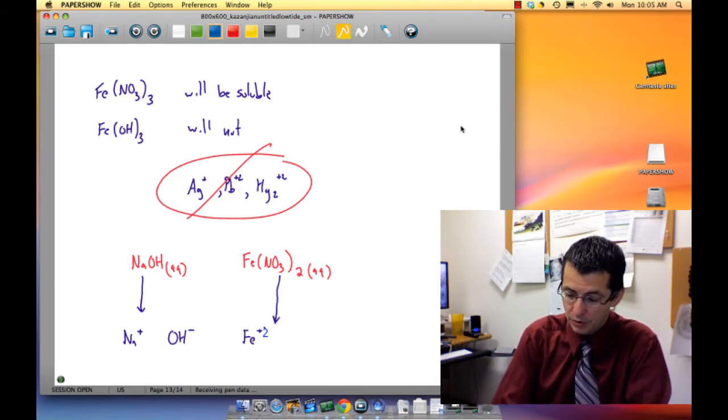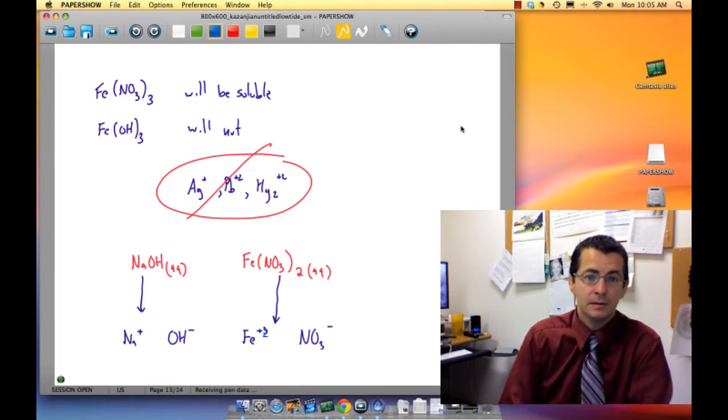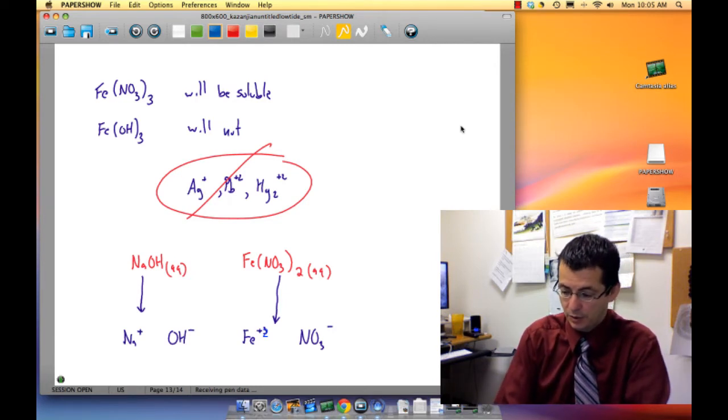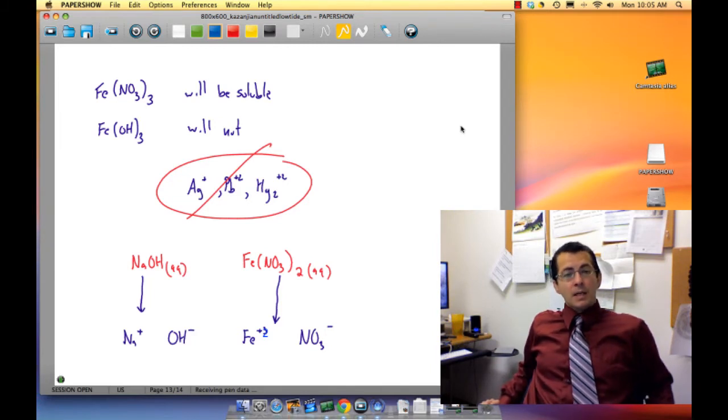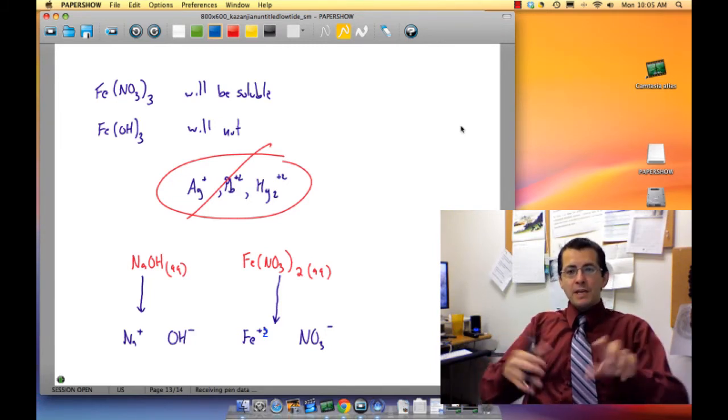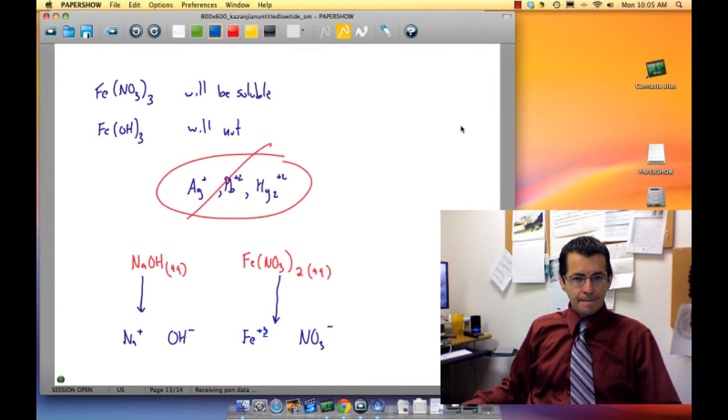And the same would be true with the iron and the nitrate. And in this case, there would actually be 2 nitrates, but for the most part, we're just going to ignore that. What happens then if you mix these 2 solutions? Well, the solubility rules still are in effect.